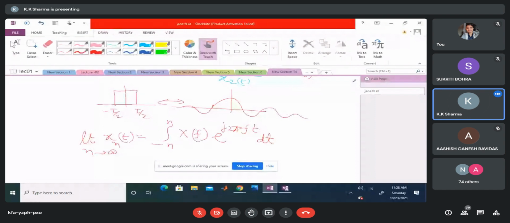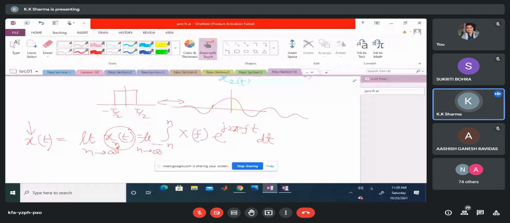You allow n to tend to infinity. In fact, this x_n(t) is a signal which is indexed by n, and the limit of this as n tends to infinity will be a function that will be the definition of the L2(R) inverse Fourier transform of a signal.